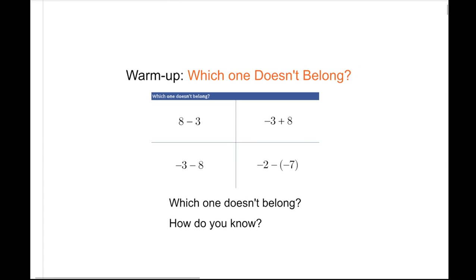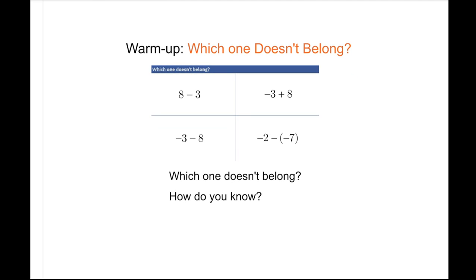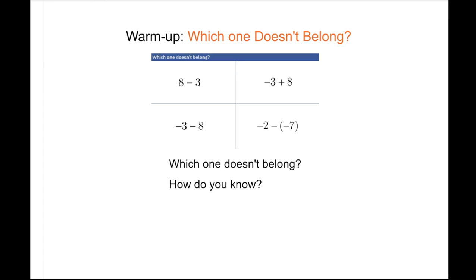Just as a warm-up, taking a look at these four expressions, which one doesn't belong? Take a second to think about each one and think about which one doesn't belong. And if you're not sure, you could just start by going through and actually solving each expression.